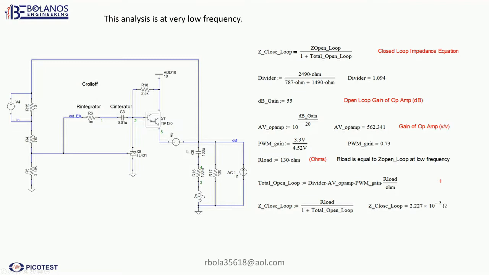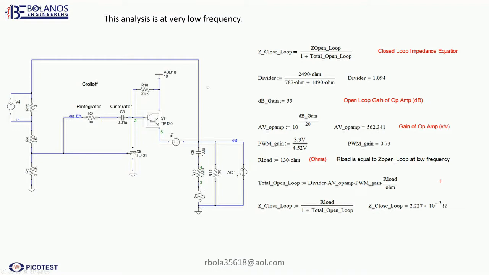And then here I set the PWM gain as 3.3 divided by 4.52. At very low frequency, you can neglect the capacitor, the ESR, and the inductor, because at very low frequency the capacitor is basically an open.